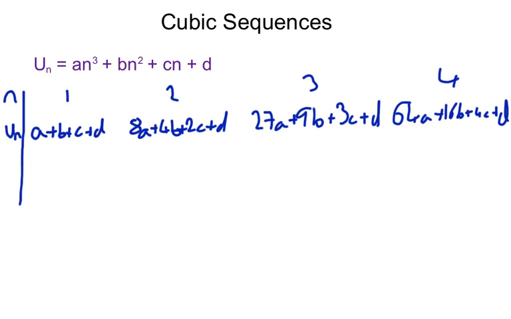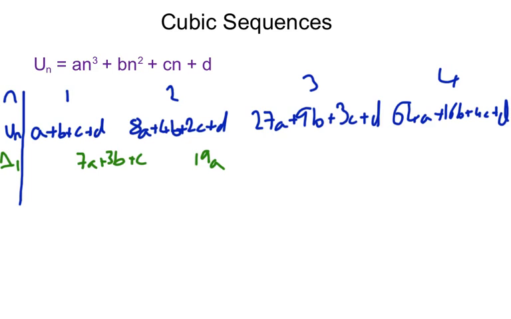So now we're going to consider the differences and the differences of these. We're going to look at the first differences first. From a to 8a, we've got 7a's. From b to 4b, we've got plus 3b's. And from c to 2c, we've got a c. From 8a to 27a, we've got 19a's.